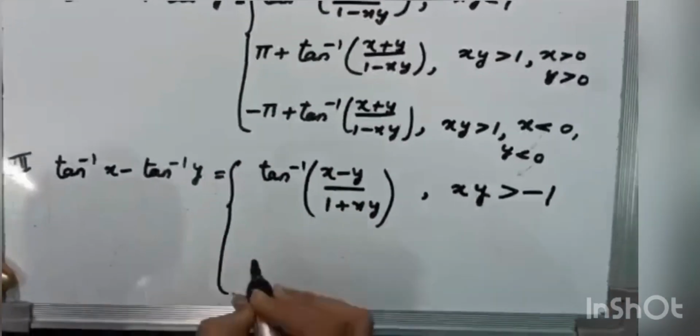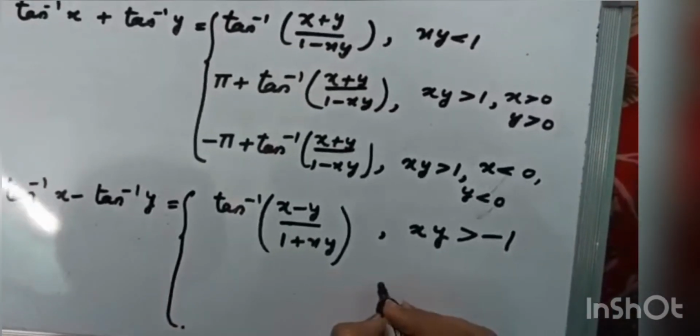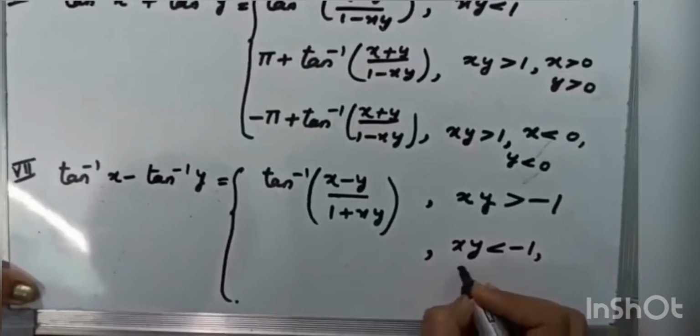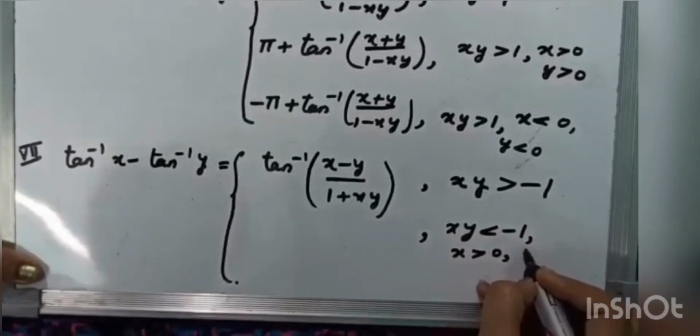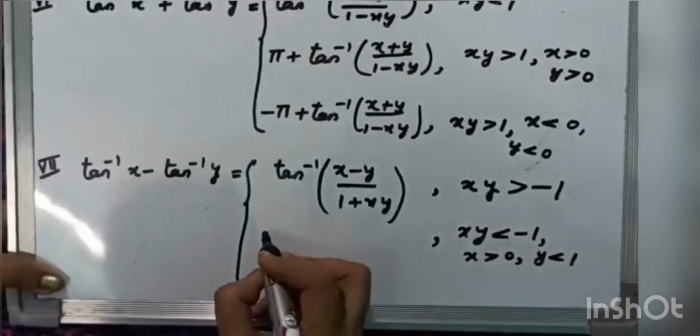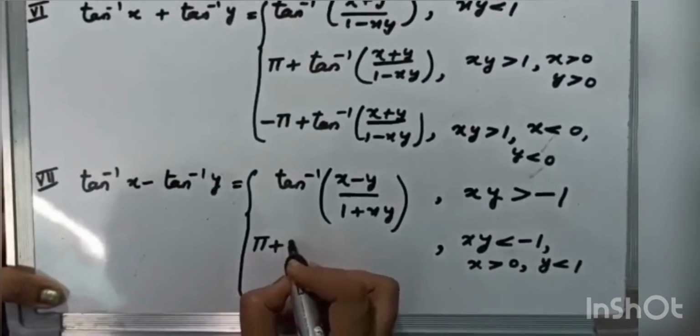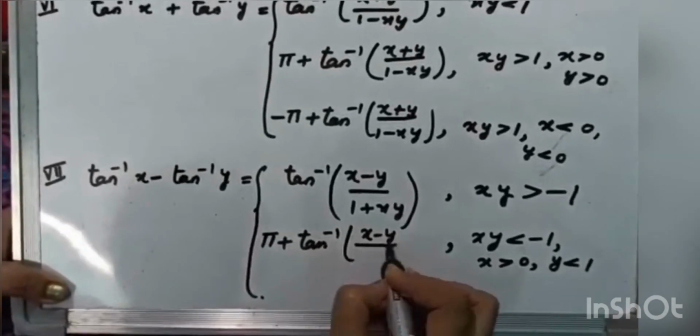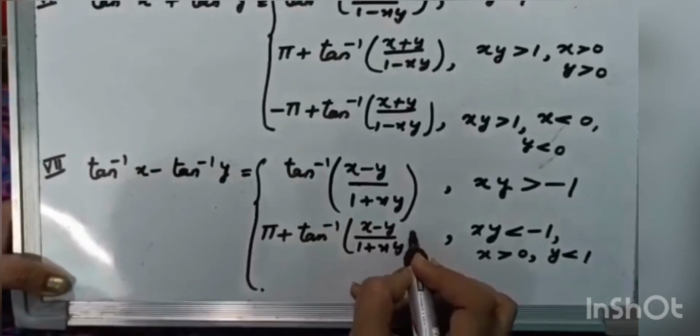Again there are some conditions here. Suppose xy is less than minus 1, x greater than 0, y less than 0, then this property is pi plus tan inverse of x minus y over 1 plus xy.